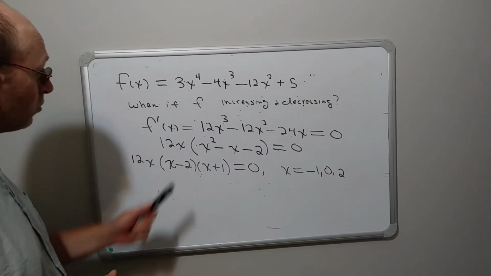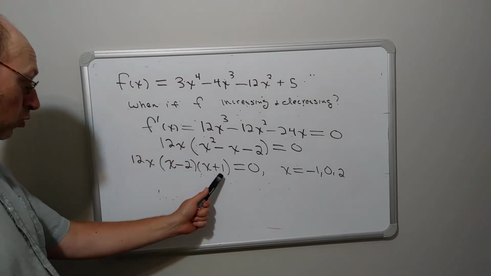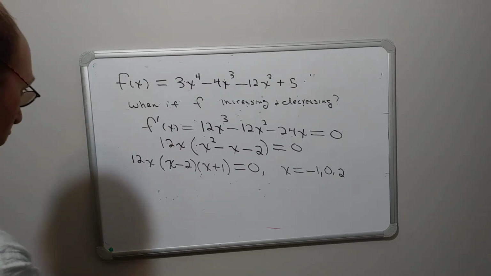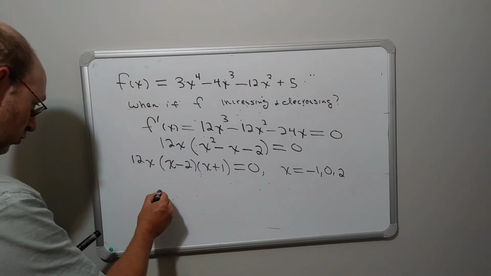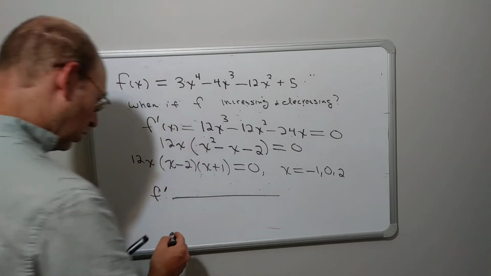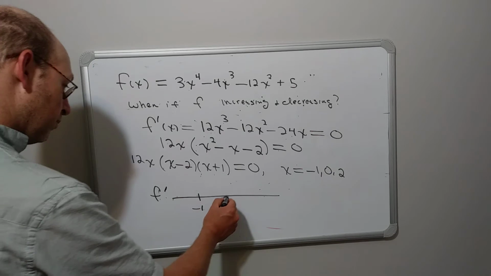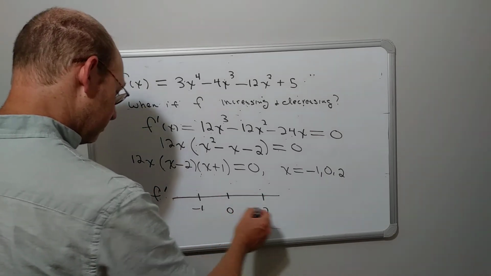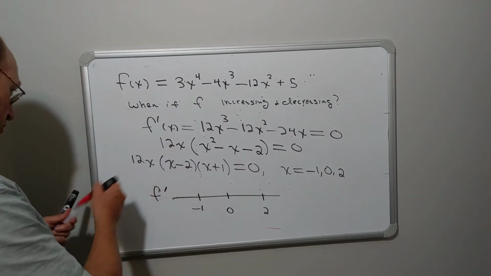We need to figure out when the derivative is positive or negative. Knowing when it's 0 is very helpful, because we can now make a little number line here for the first derivative, f prime. So on this number line, let's put the critical numbers: -1, 0, 2.